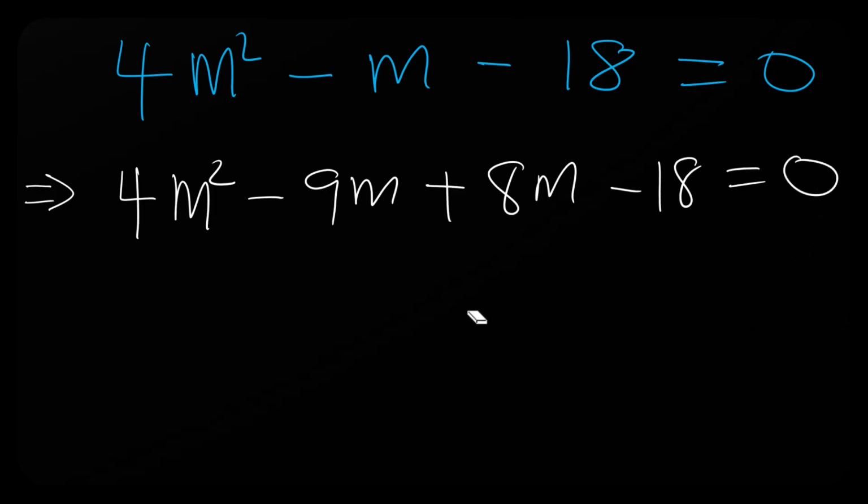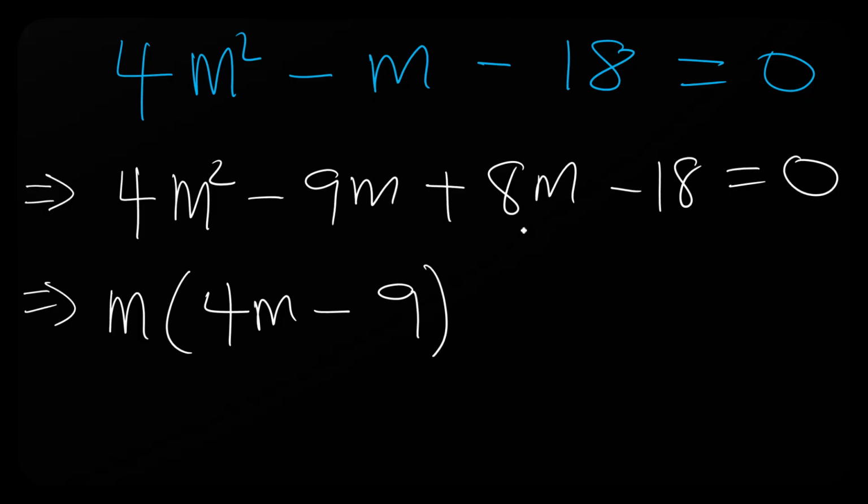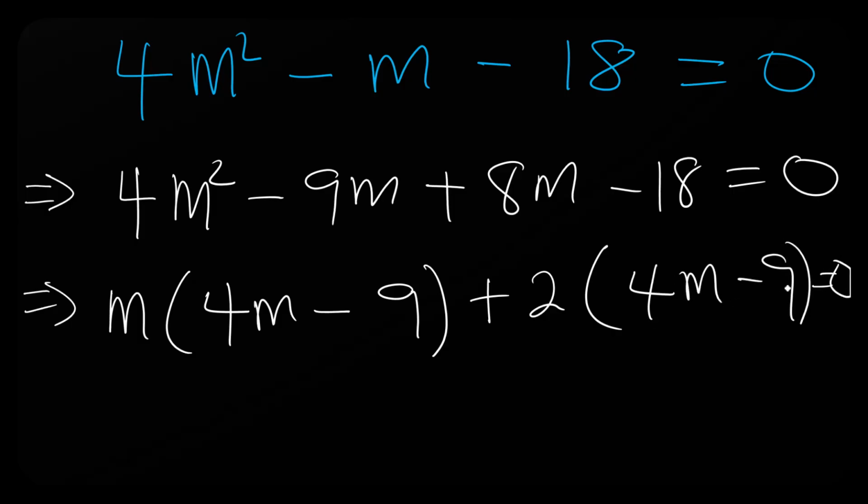As simple as that. So from here, we can take m out: m out of 4m minus 9, and on this side, 2 out, plus 2 times 4m minus 9 equals 0.